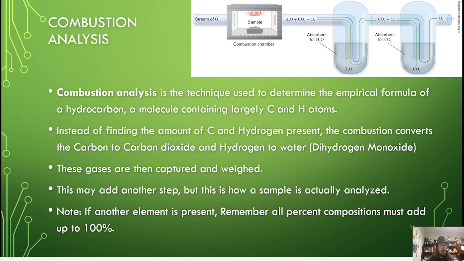Like if you find in a 100-gram sample, 50 grams are coming from carbon and then 25 grams are coming from hydrogen, well, we've used up 75% of the mass. So that means the other 25% must be coming from something like oxygen. So just keep in mind, since it's a percent, everything must add up to 100.